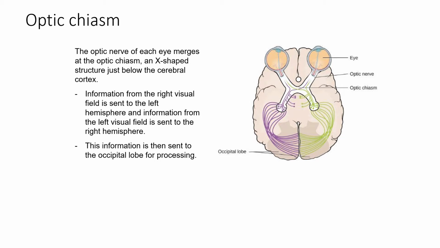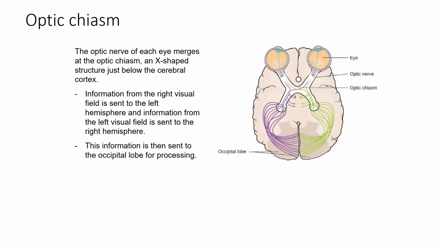The optic nerve of each eye merges at what is called the optic chiasm. And if you'll notice here in this image, this is an X-shaped structure that's just below the cerebral cortex. So this image shows the optic chiasm at the front of the brain, and it shows the pathways to the occipital lobe at the back of the brain, where those visual sensations are processed into meaningful perceptions.